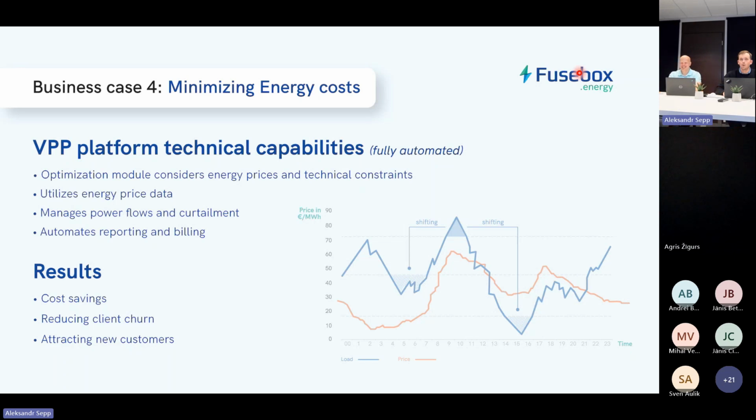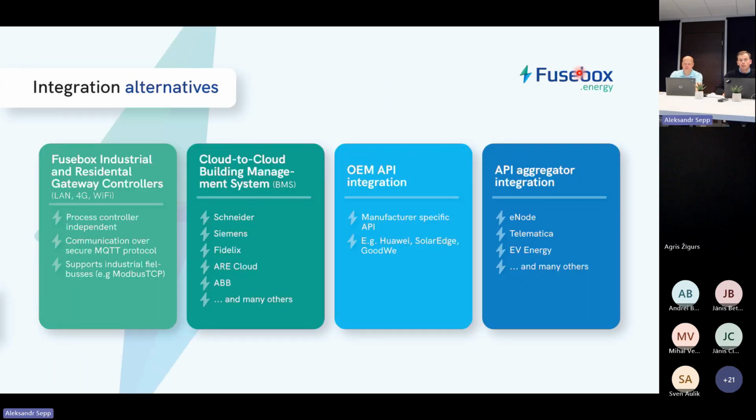To the next slide. So eventually, most of you would ask, okay, how do you connect to different assets, how is the integration done? There are several ways to connect. One is through a controller.